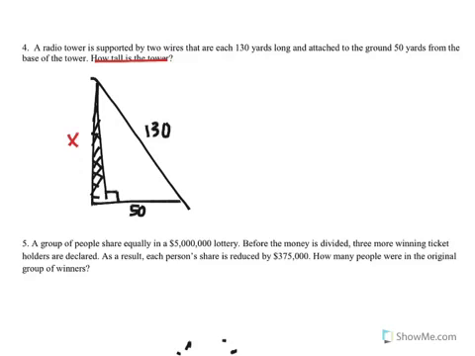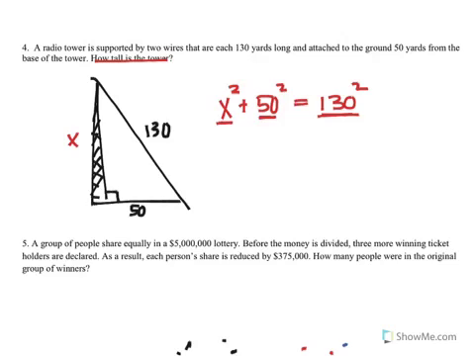And because this is a right triangle, we're going to use the Pythagorean theorem. X squared plus 50 squared equals 130 squared. In other words, the square of the legs added together equals the square of the hypotenuse.